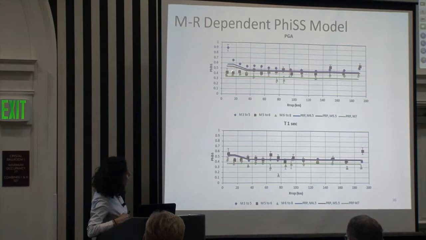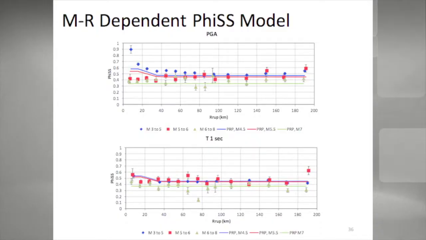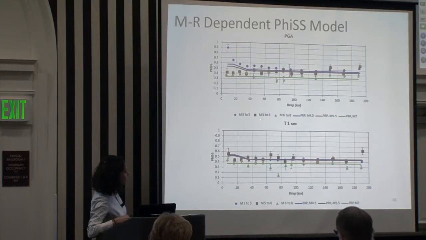Right now I see stronger distance dependence here for the California data than what was suggested in the Pegasus project. They also saw more of that distance dependence for the middle magnitude range, magnitude 5 to 6. I don't really see that anymore, and it's more or less similar for magnitude 6 and 7.